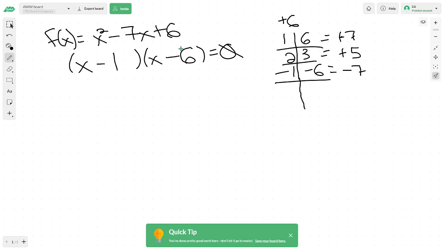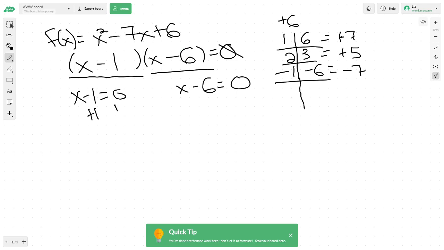So now with the zero product property, I know that either x minus 1 or x minus 6 needs to equal 0. And then I just solve each equation separately. I get x equals 1 and x equals 6.